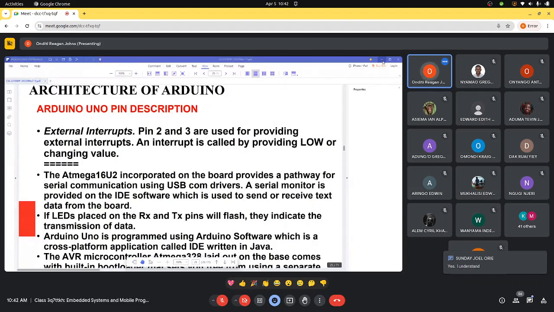Lucy, any question? No questions. So you would be able to tell me, the Arduino microcontroller has how many pins? Lucy, how many pins does our Arduino microcontroller have?